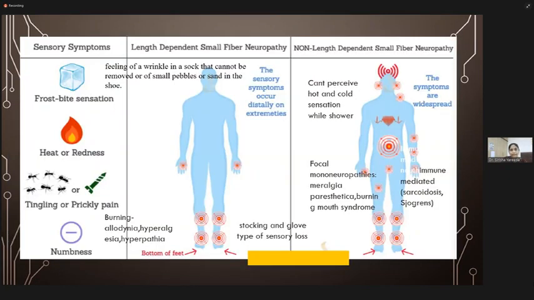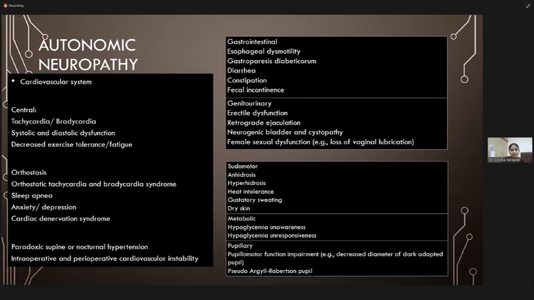After finishing these somatic complaints, that is both length dependent and non-length dependent, the other functioning, as I told you, is the autonomic neuropathy. So what are the manifestations in the autonomic neuropathy? As I showed you in that slide, they can innervate virtually every organ of the body. So the manifestations are very diffuse.